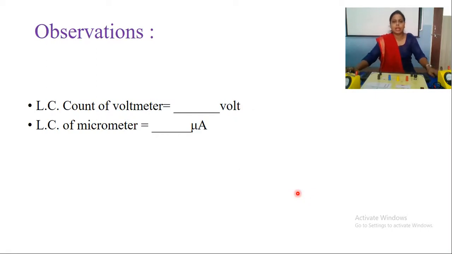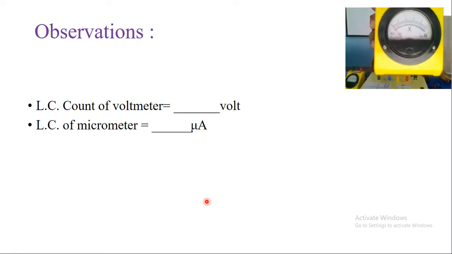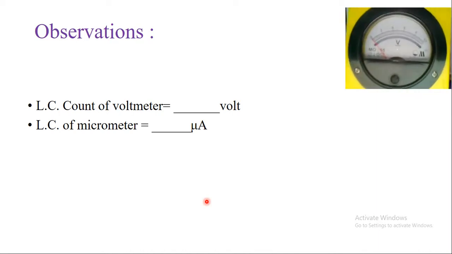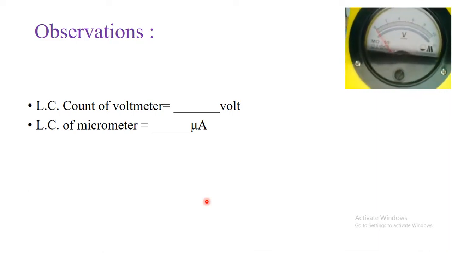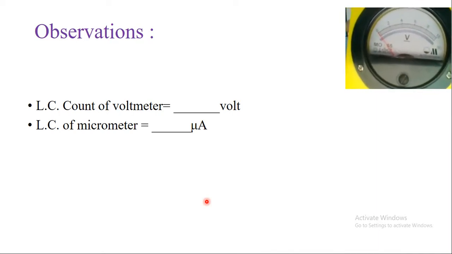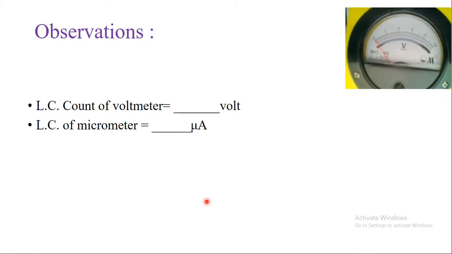Let's move towards the actual procedure. Before starting the actual procedure of this experiment, you must know the least count of the instrument we are using here. So how do we find the least count? The least count of voltmeter can be calculated. This voltmeter, as you can see, has 0 to 2 volt with 10 lines. Just count the lines.